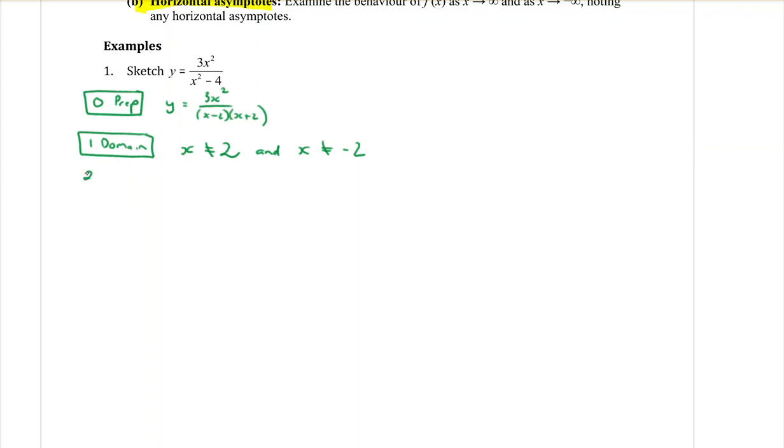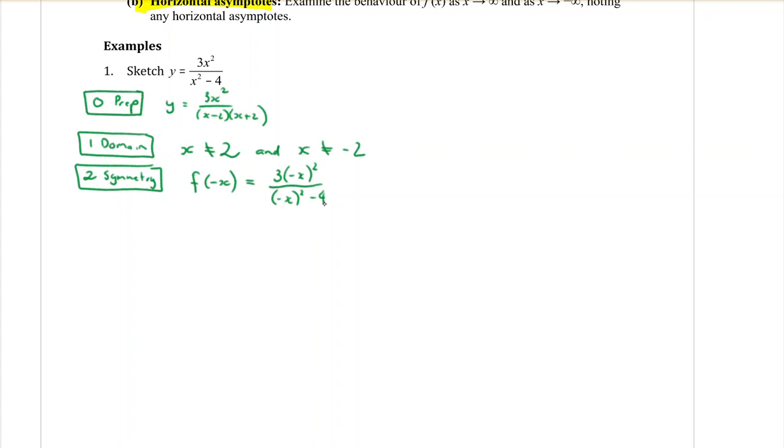Step 2 is to determine the symmetry. So for symmetry, we sub in f of negative x to determine whether it's odd or even or neither. Into my equation, I have 3, instead of x squared, it's going to be negative x squared over negative x squared minus 4.